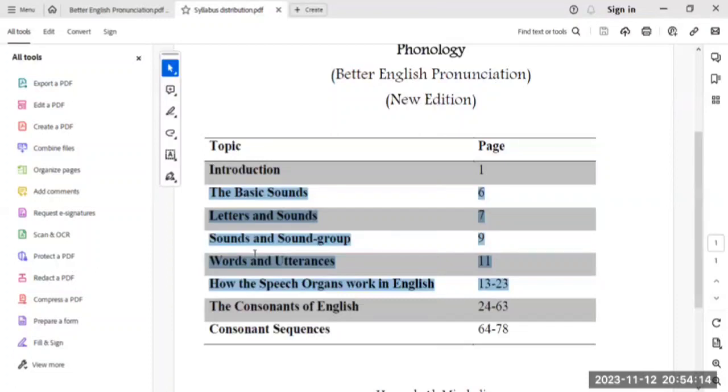The exam, not next week, the week after, will include the basic sounds, letters and sounds and sound groups, words and utterances, how the speech organs work in English. The exam is multiple choice questions, MCQs. No revision for the exam. It's easy as well. Anything that we covered is included. That's it. It's easy.